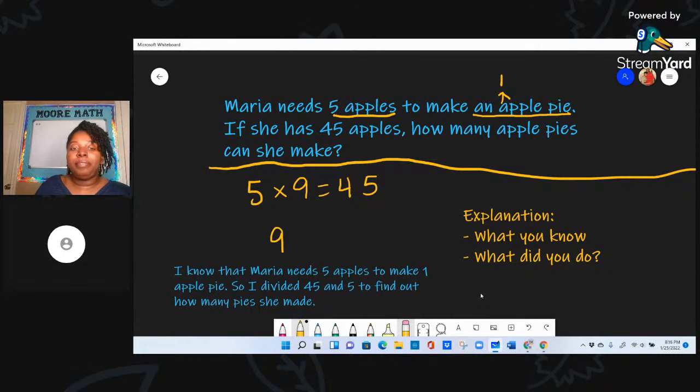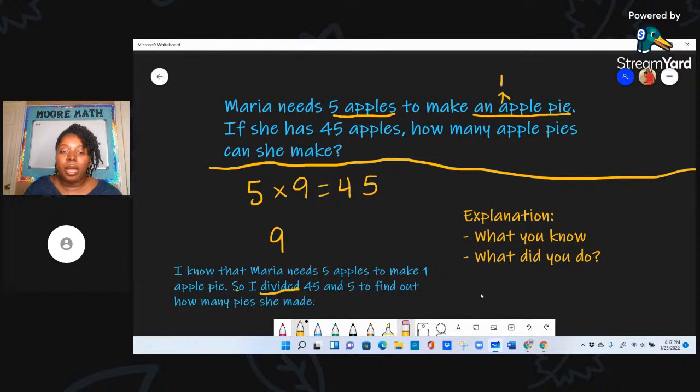So I divided 45 and 5, and then tell us what you did. I divided 45 and 5 to find out how many pies she made. Or you can say I multiplied 5 times 9 to get to 45 apples. It doesn't matter what you say, but just make sure the second sentence is clear on what you did. So I divided. You see it?